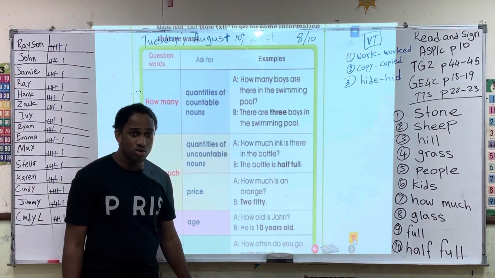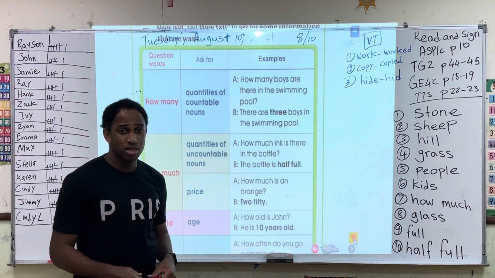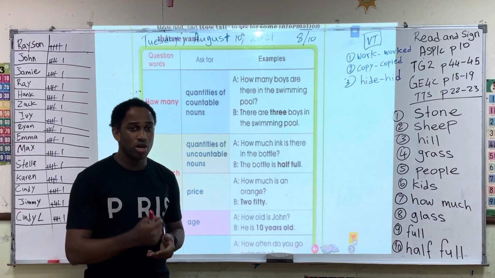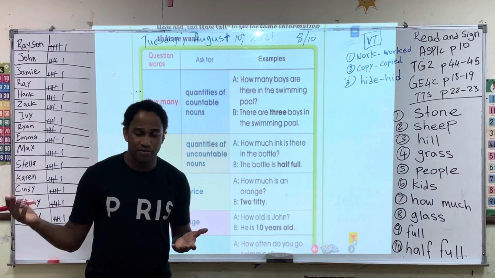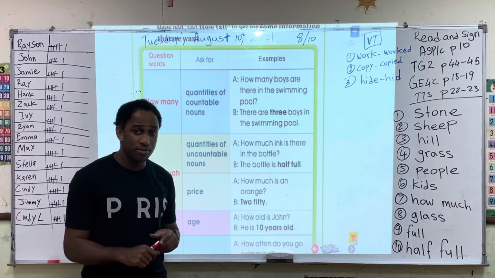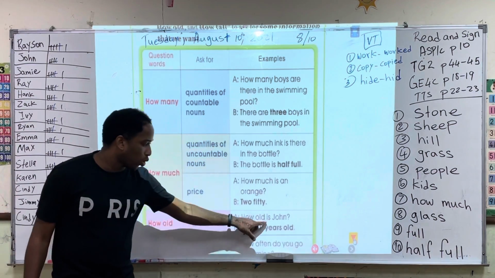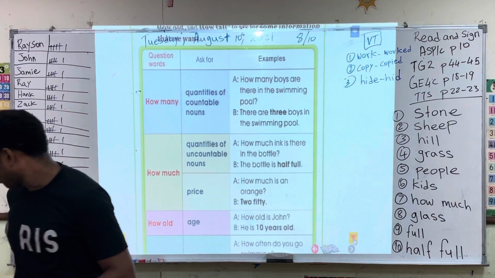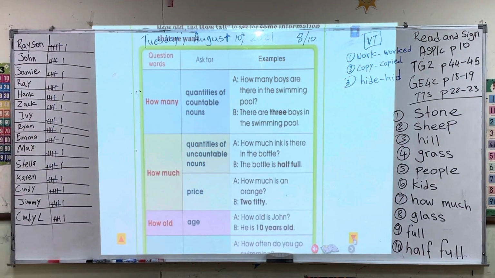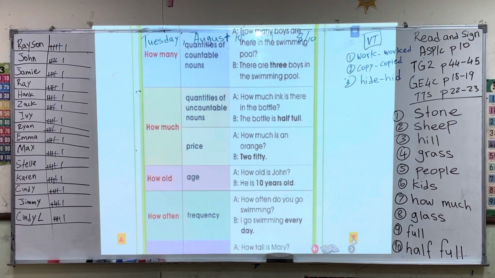He is 10 years old. How old is Thomas? Thomas is 5 years old. How old are you? I am 5 years old. Okay, good. Now let's just go down. Okay, are we good?